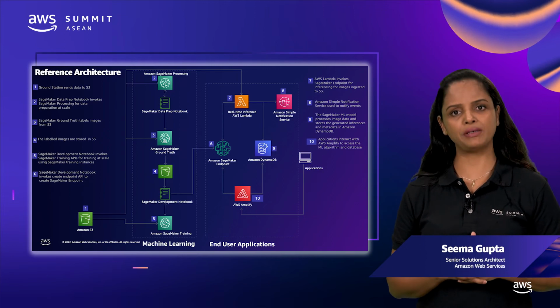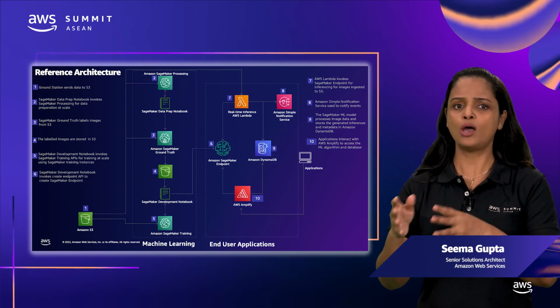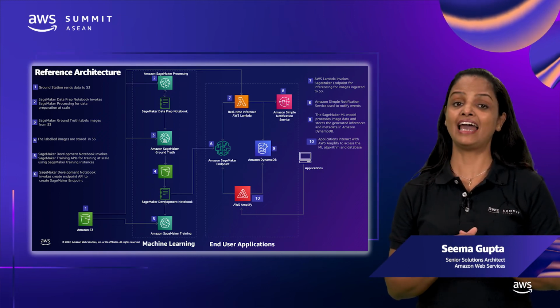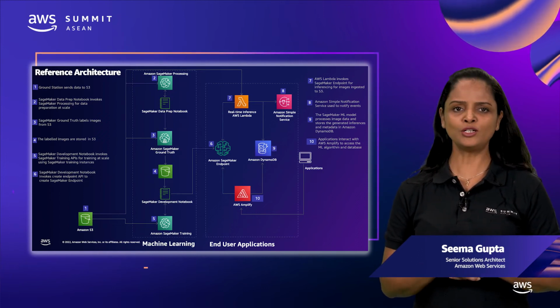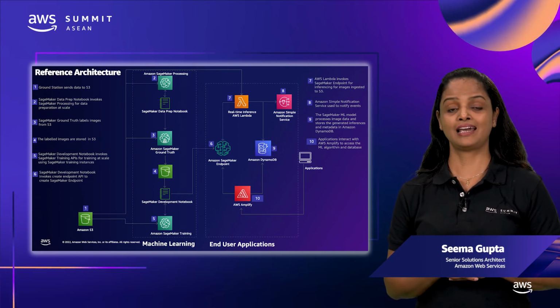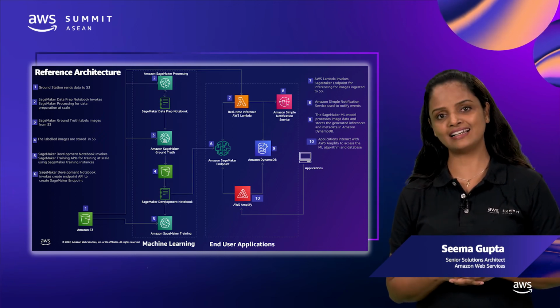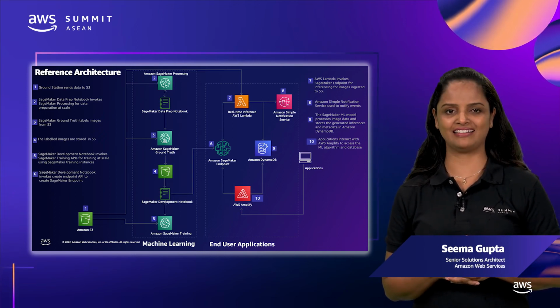We also have Amplify, which helps you connect your front-end applications to your back-end with just a few lines of code, and then deploy them at scale. Not to miss the Amazon Simple Notification Service used for notifications. I'm excited to know what problems of Earth you would like to solve using satellite data and Amazon SageMaker.